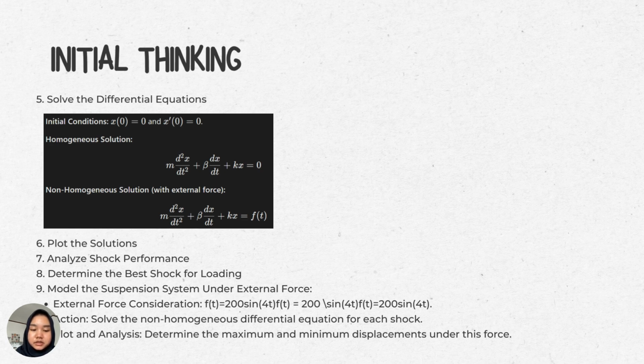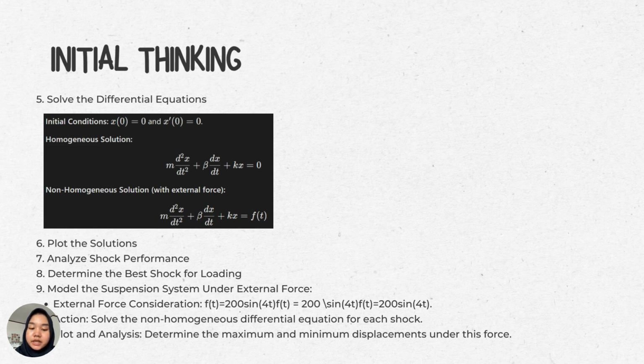The ninth is model the suspension system under the external force. The external force consideration is a function of t, equal to 100 sin t. And the action is to solve the non-homogeneous differential equation for each shock.